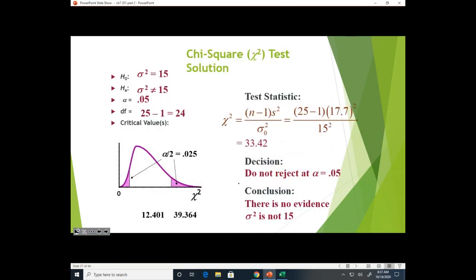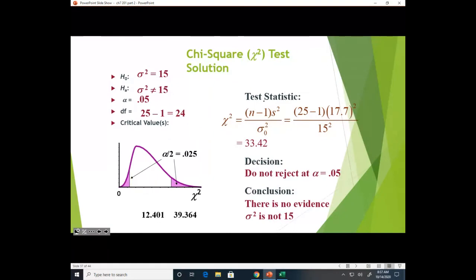So you can see the null hypothesis was the variance is equal to 15. The alternative hypothesis is that the variance does not equal 15 at alpha 0.05. Degrees of freedom is n minus 1. 25 minus 1 is 24. We are going to look at the upper tail. We calculated that critical value of 39.36.